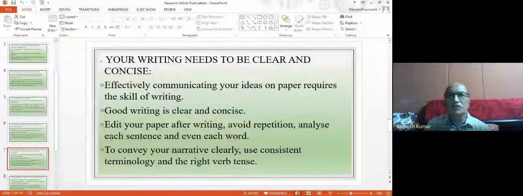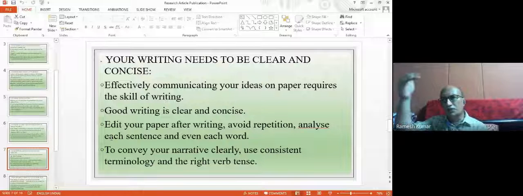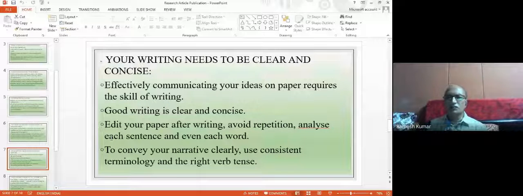Whatever you want to convey to the reader in that particular article, the narrative should be very clear. Narrative in the sense of how exactly you are telling that story without missing any particular plot. If that plot is not missed and your narrative is very clear, obviously you have written your paper very concisely.